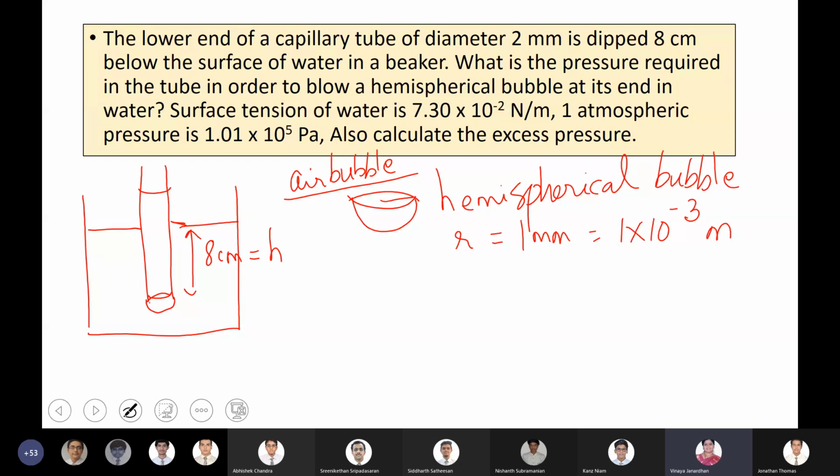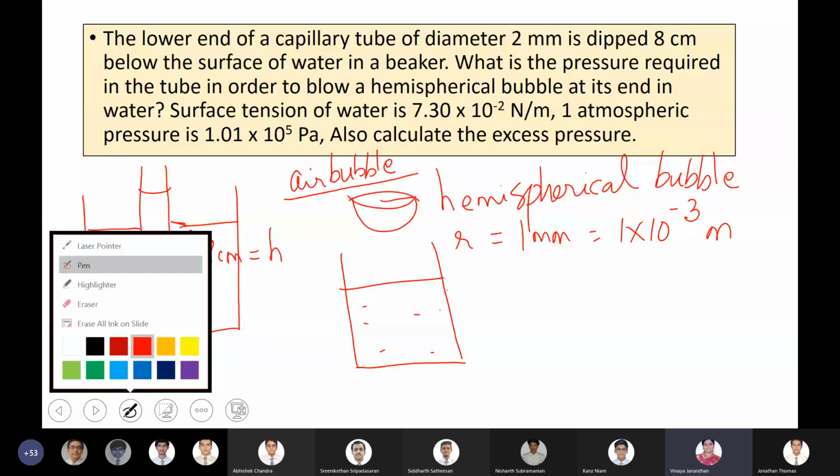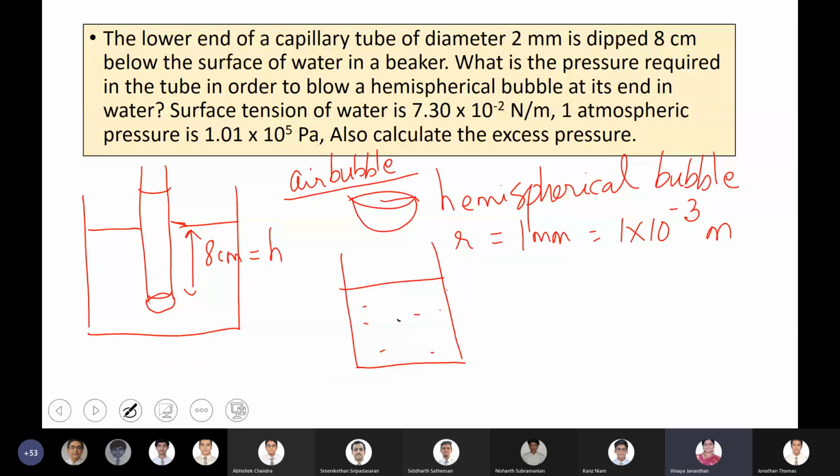Because, boys, please understand. Suppose I have a beaker containing a liquid. If I want to find the pressure at point B inside the liquid, at a height h below the surface of the liquid, the pressure acting at point B will be the atmospheric pressure plus the pressure exerted by the liquid column of height h.